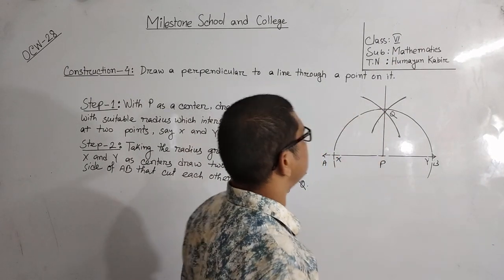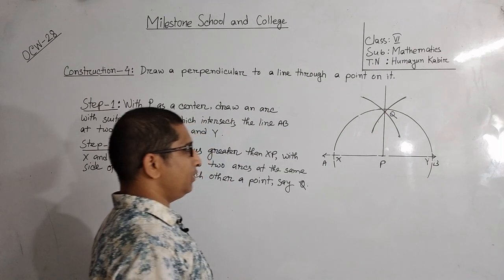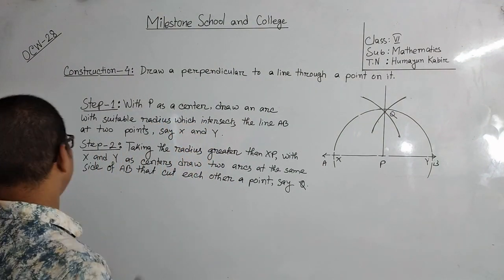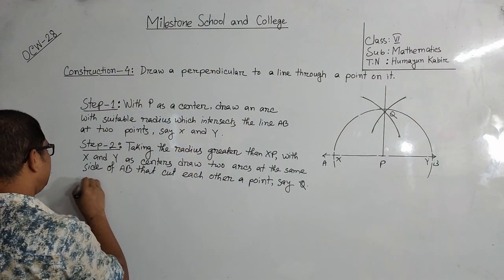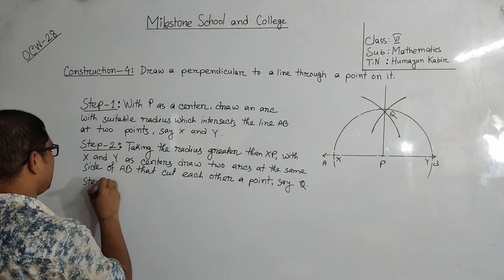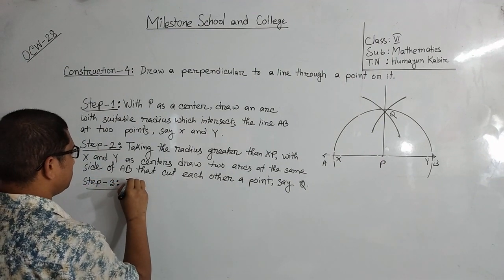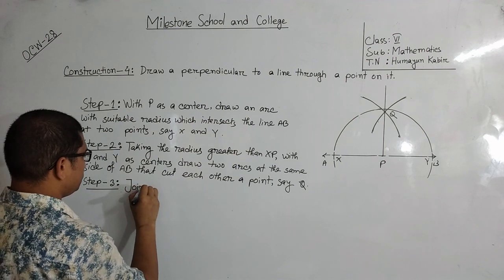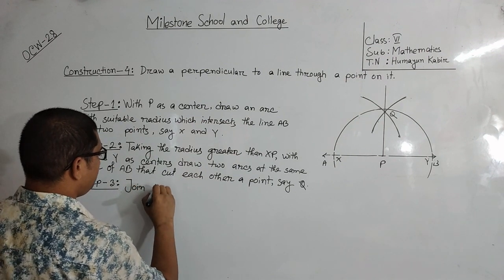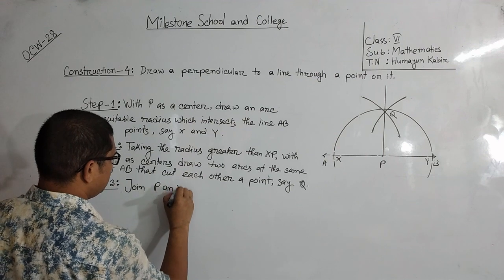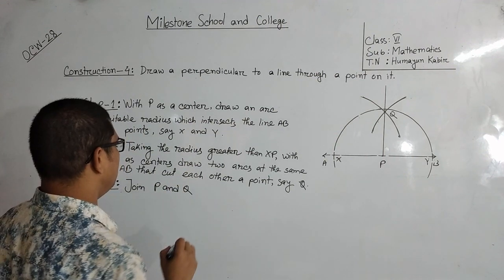This PQ line is the required perpendicular. Okay, so step 3, join P and Q.